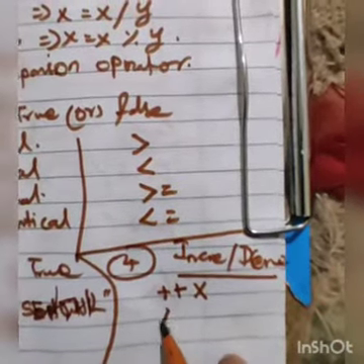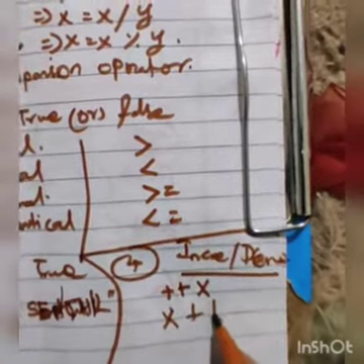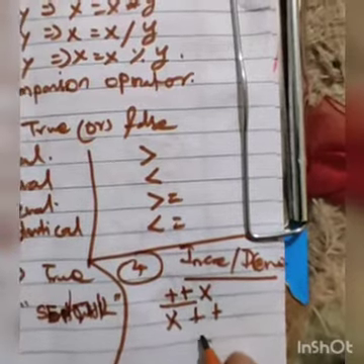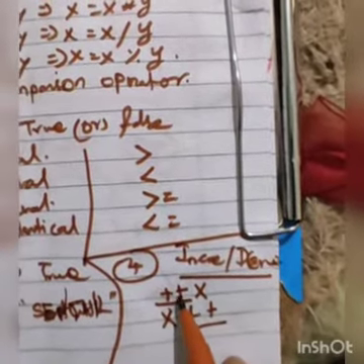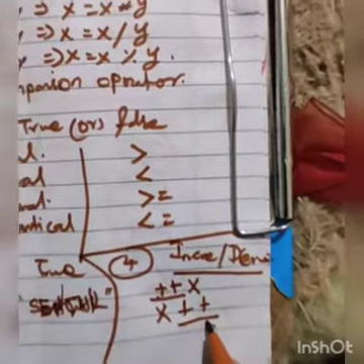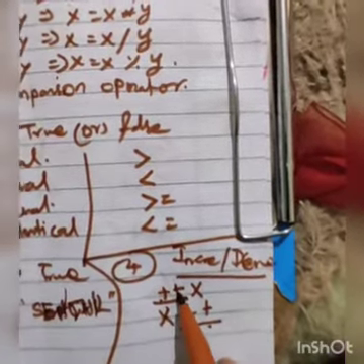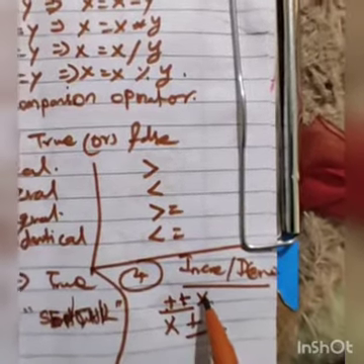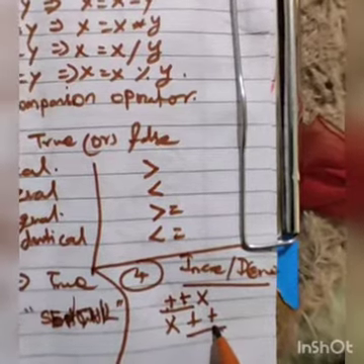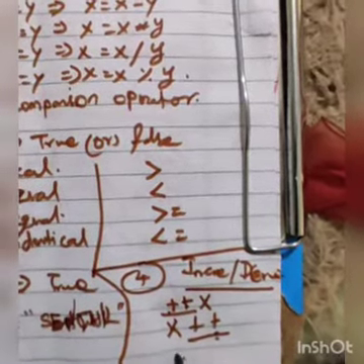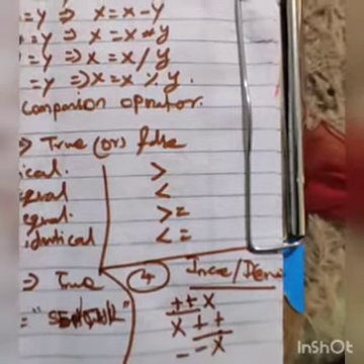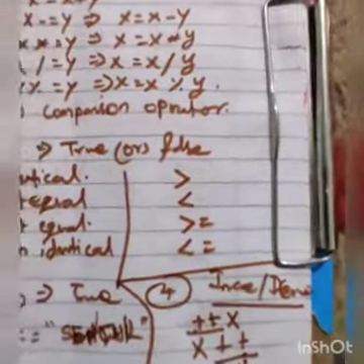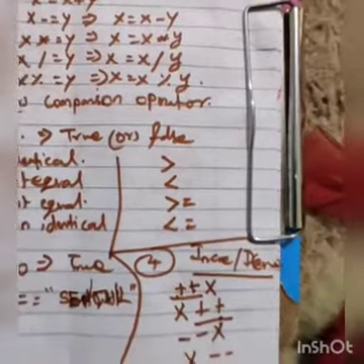This is prefix, this is postfix. So this is the prefix increment operator and that is the postfix increment operator. The decrement operator is minus minus X or X minus minus. These are the decrement operators.